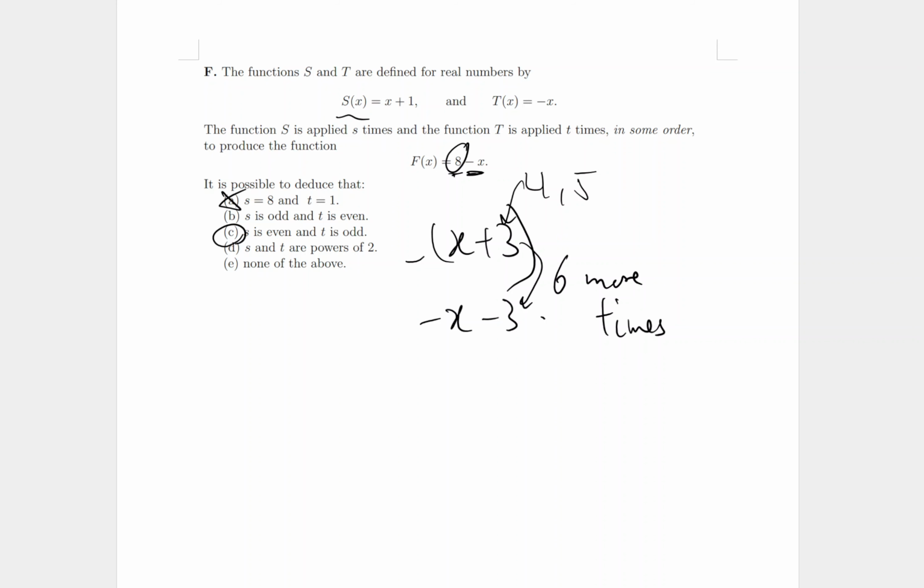If it was 4, then 4 becomes minus 4, and you need 8 more times of s. So it's always even. Originally we needed 8 times of s, and if we add an even number of times, then s has to still be even.